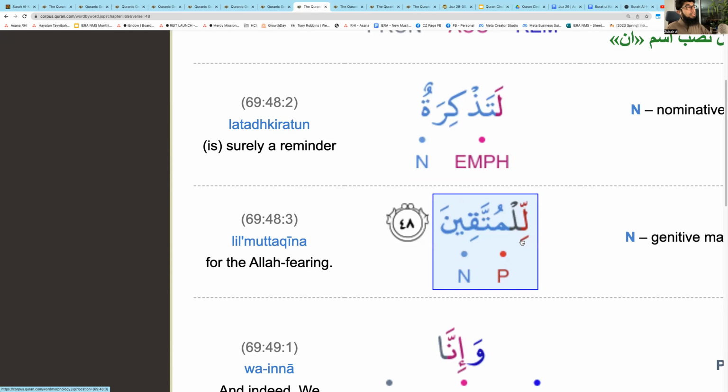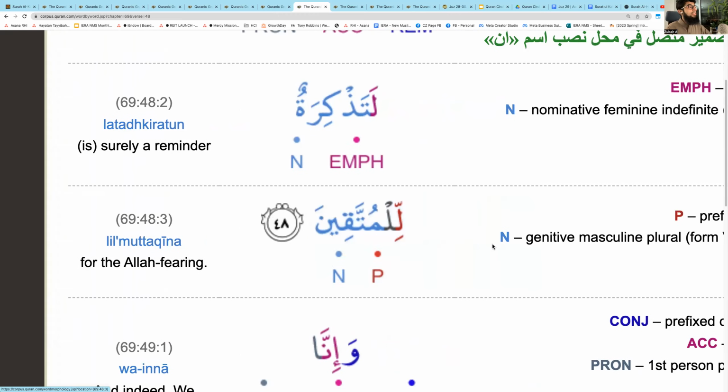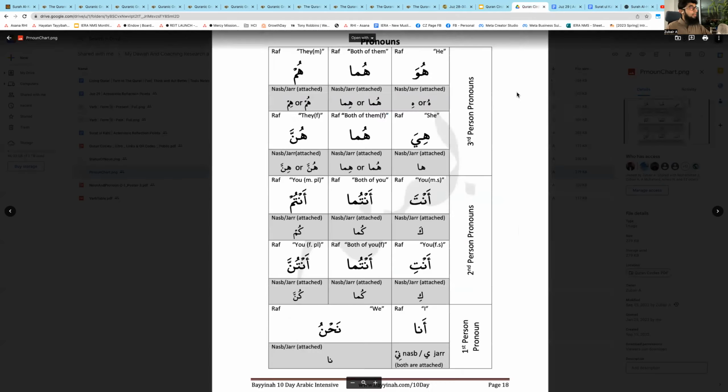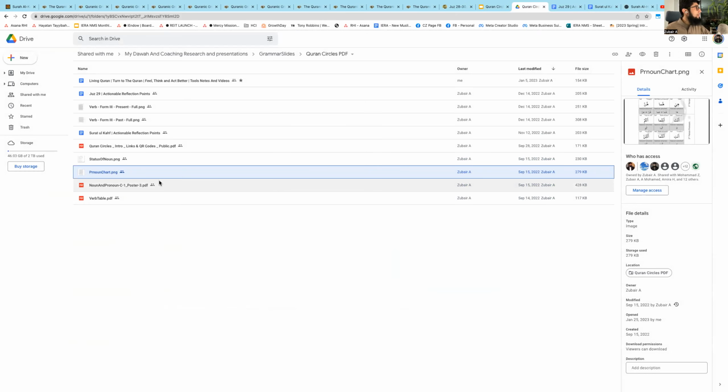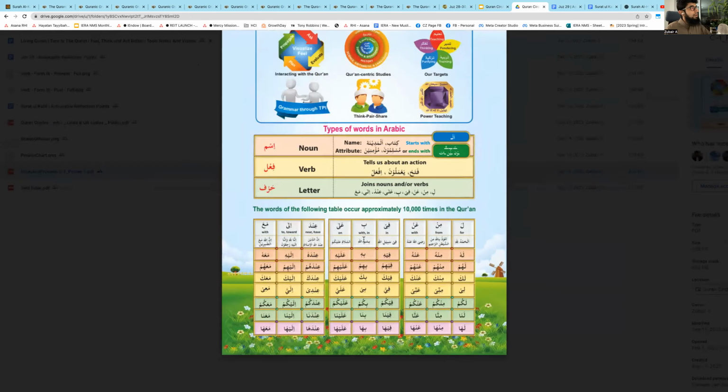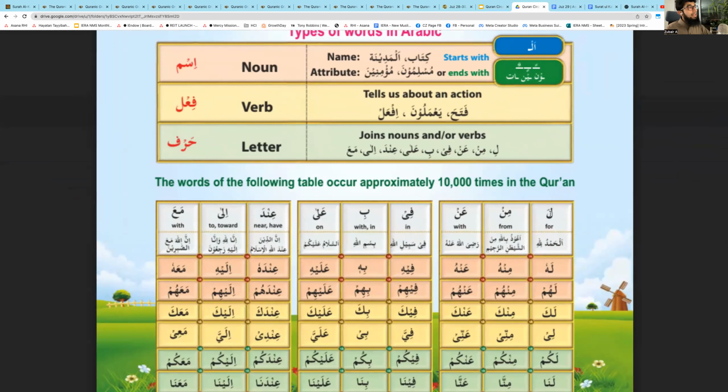Then you have what? Li. Li means for. And this li, as you can see, says P, which is for prefix preposition. If you remember when I was showing you earlier, everything in Arabic is either a noun, a verb, or a preposition. So you also have it here. Li means for.